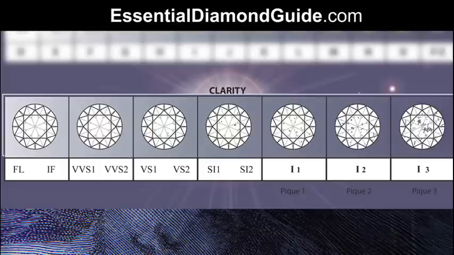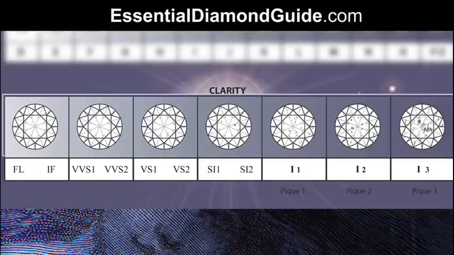Now, with this, again, there is some confusion. Sometimes people think that the 1 and 2 are numbers of flaws. They are not the number of flaws in the diamonds. It's just that 1 is a higher grade than 2 in each category. Now, regarding a good value point, I often find VS1 to VS2 and SI1 stones can look very good and be very good value.